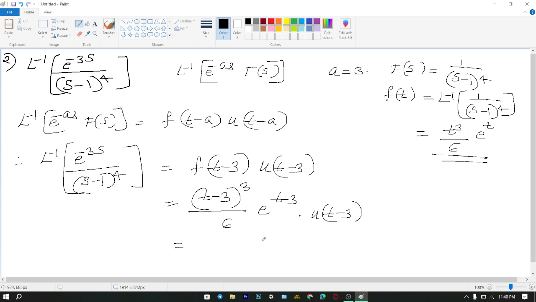So you have the function value t minus 3 the whole raised to 3 by 6 into e raised to t minus 3 into 1, that is when t is greater than 3, and it takes the value 0 when t is less than or equal to 3.